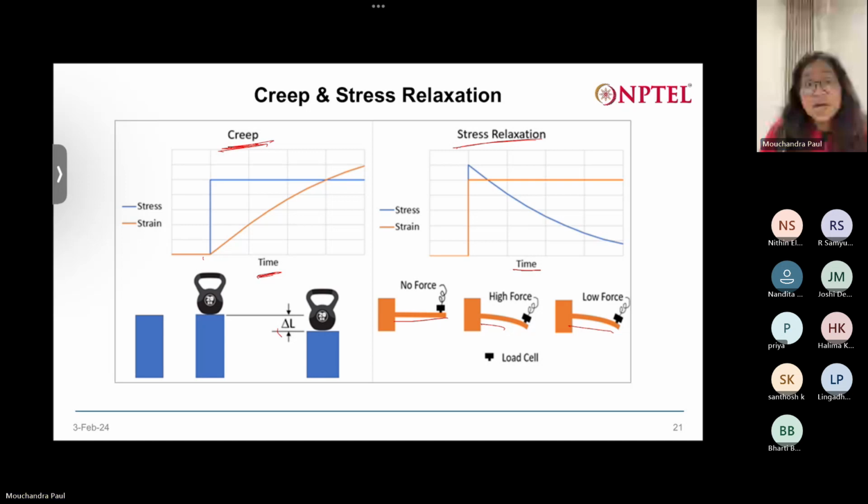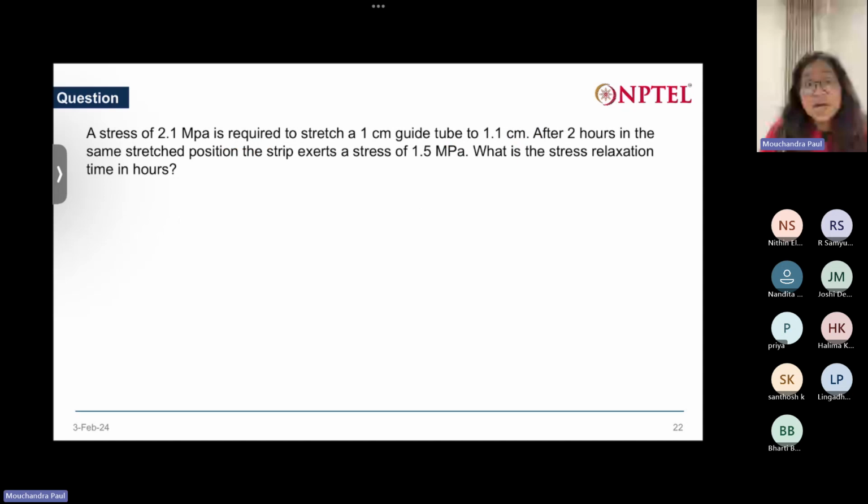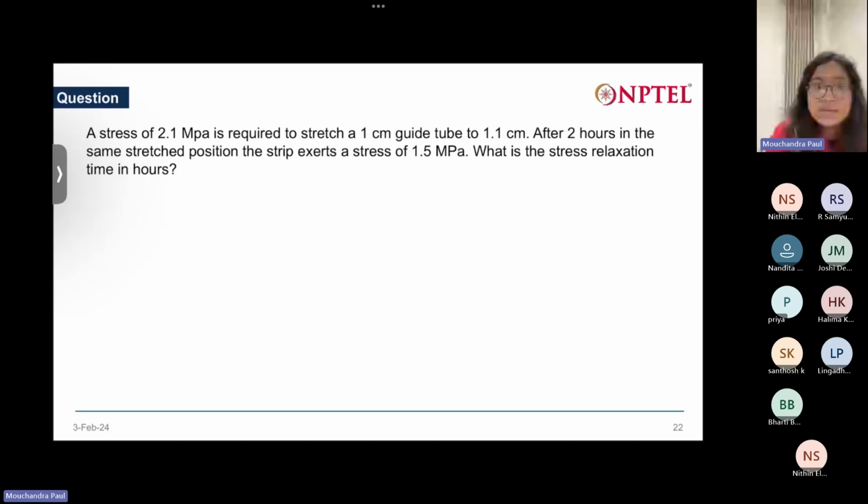Now this is a question given to you on stress relaxation, where you have to calculate something. You are given a guide tube, maybe a polymer, and onto that a fixed stress is applied initially.